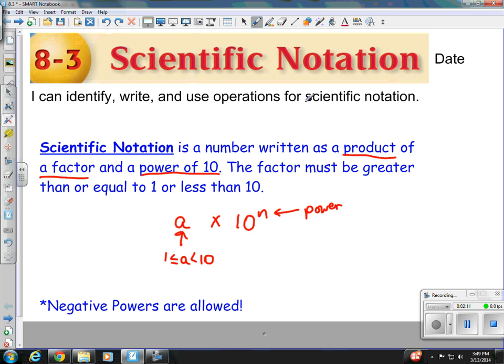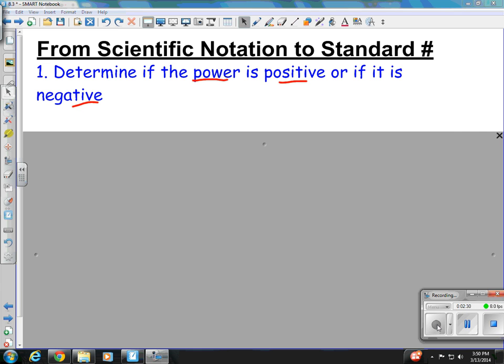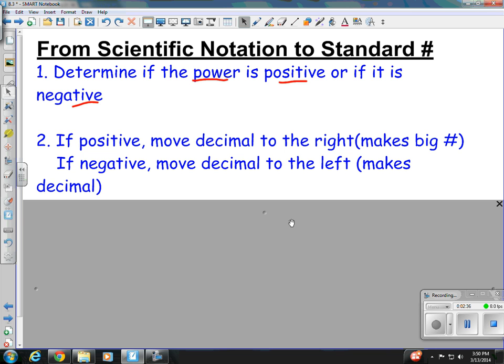So the first thing we're going to look at is how to get from scientific notation to a standard number, just a regular old number. The first thing we need to do is determine if the power is positive or negative. If it's positive, you move the decimal to the right, which makes a big number.